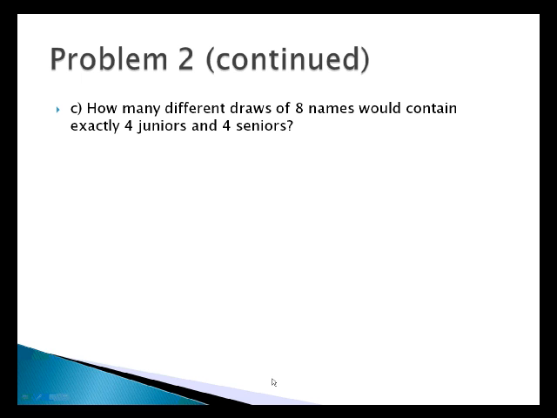How many different draws of 8 names would contain exactly 4 juniors and 4 seniors? Would you give this one a chance, please? Exactly 4 juniors and 4 seniors.